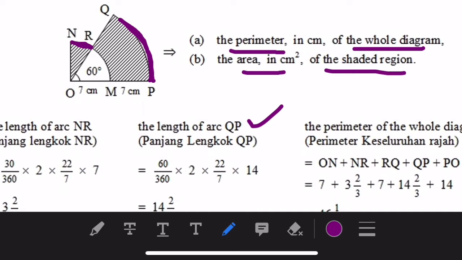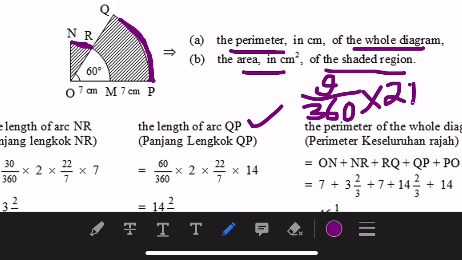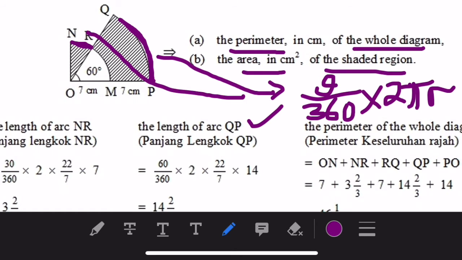For these two, you have to use a formula for the arc length, which is theta over 360 times 2 pi r. Alright, so for QP is the arc, for NR also is the arc.